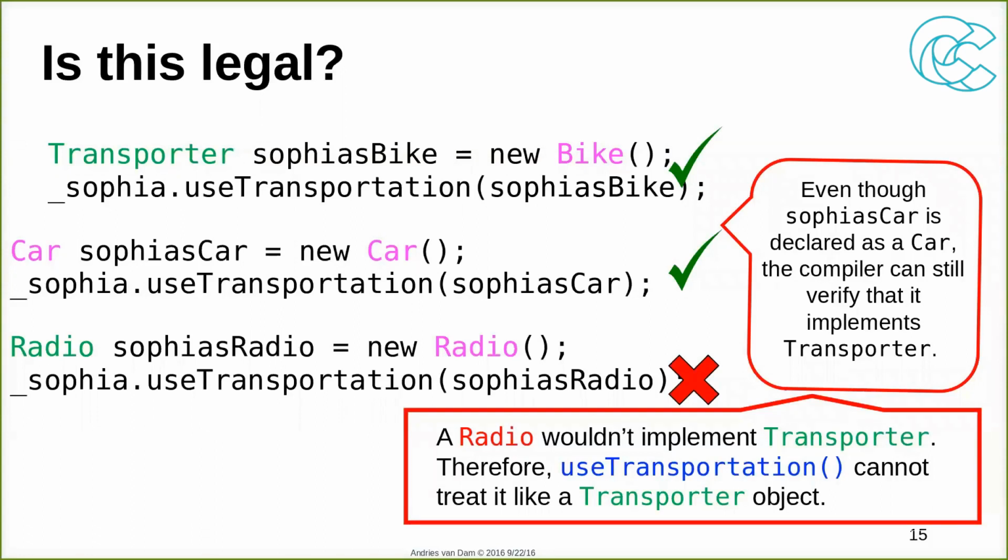If I write transporter Sophia's bike equal to new bike, and let's say I declare another method in which a bike object is supposed to be passed, can it be upcast, in the sense that the parameter that is being passed can access bike methods also? Okay, I didn't get this. So you are now passing the instance of bike to use transportation, is it? Yes, sir.